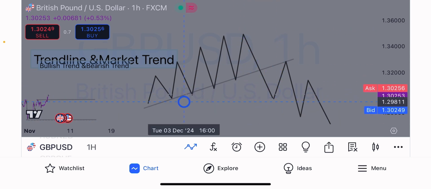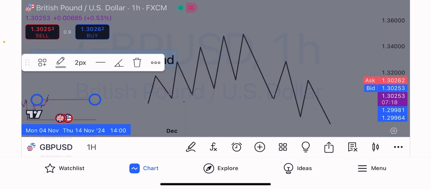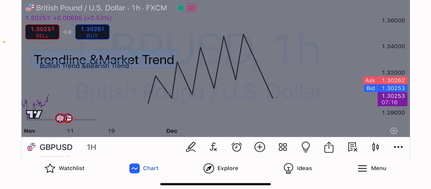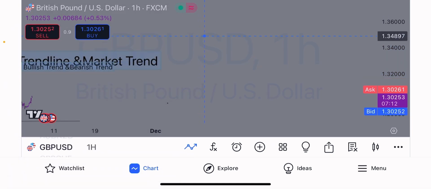The same thing applies for a bearish trend or a bearish market. You see something like this, a lower high, right?